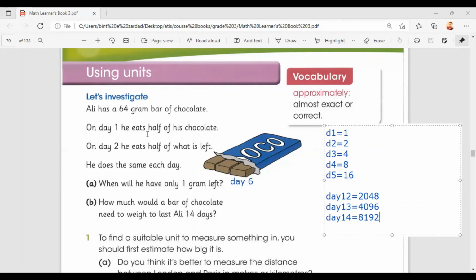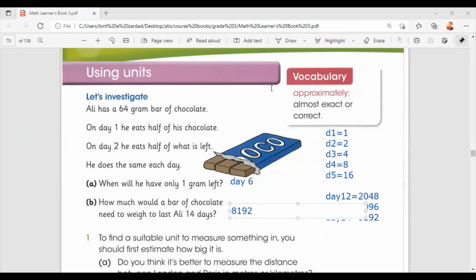On day 1 he ate half of his chocolate. So you can see, if we go from day 6 backward, from 64, half is 32, then half of 32 is 16, then 8, then 4, then 2, then 1. So after 6 days, or day 6, he has just 1 gram left. This is the answer for 1. And for answer 2, this is 8192.